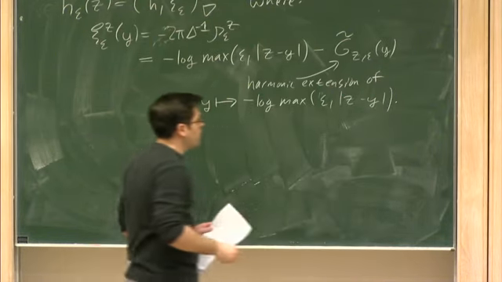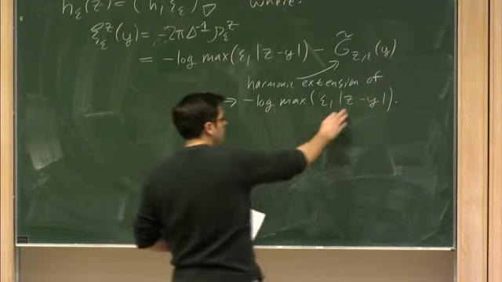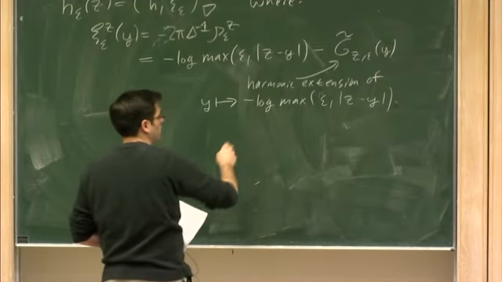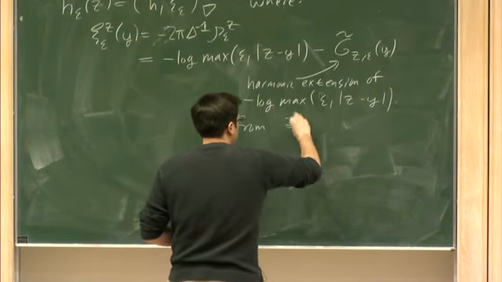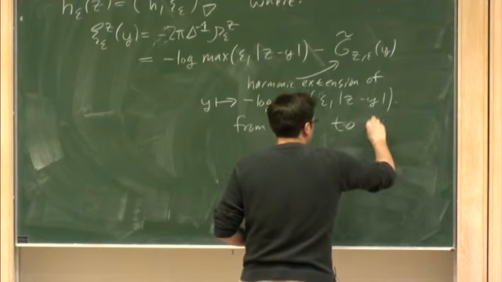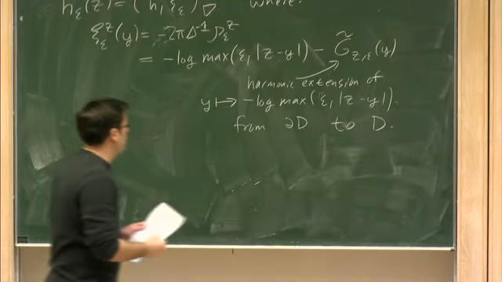So you think of z being fixed, and this function is given by the harmonic extension of this thing from the boundary of our domain to the interior of the domain.